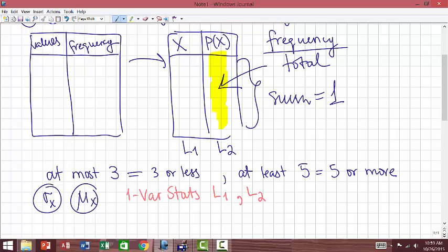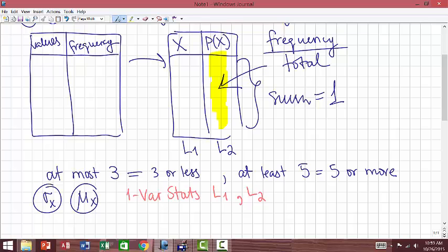That is on the TI-83. You would do 1-Var Stats L1, L2, where L1 has the x values and L2 is the probability. If you have an 84, I believe L2 will just be put into the column that says frequency.